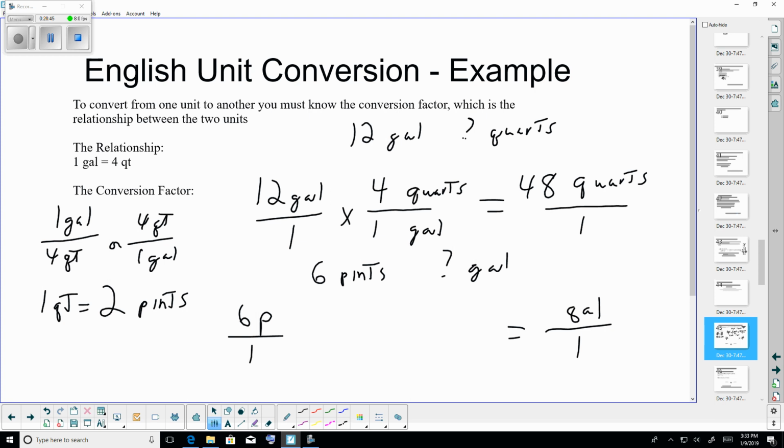So pints, I know I can go to quarts. I'll put the pints down here. And then from quarts, I can do the gallons. You can see factor labels, the quarts cancel, the pints cancel.